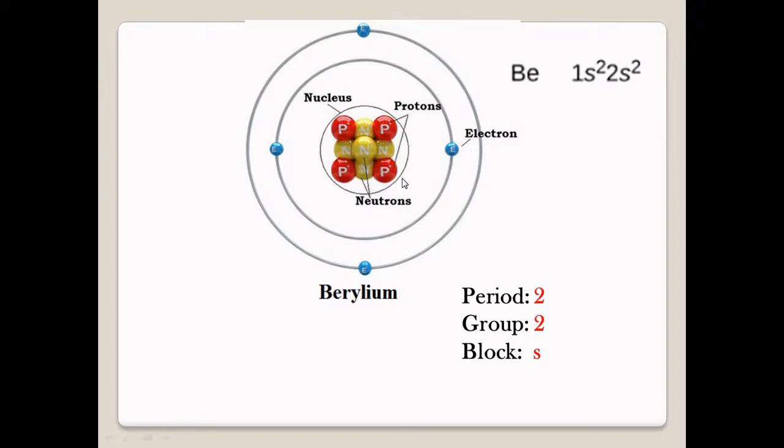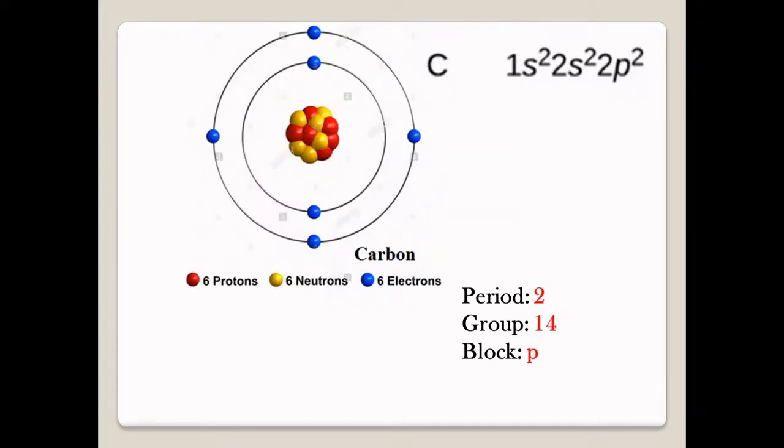Okay, let's see another example, that is carbon. This carbon has 6 protons, 6 neutrons and 6 electrons. The electronic configuration of carbon is 1s2 2s2 2p2.